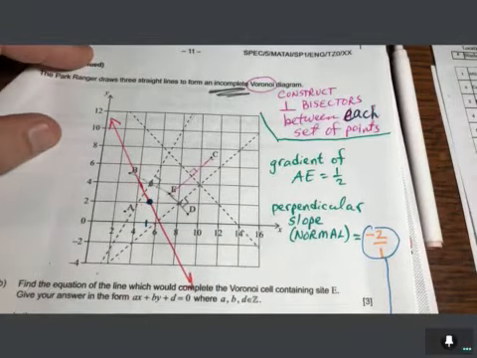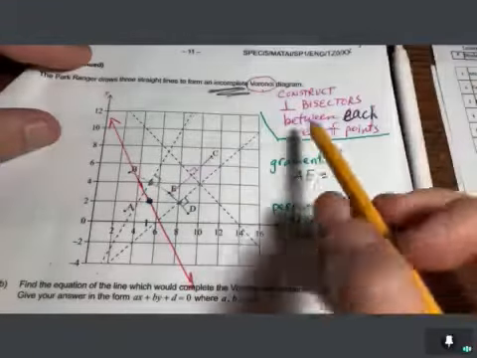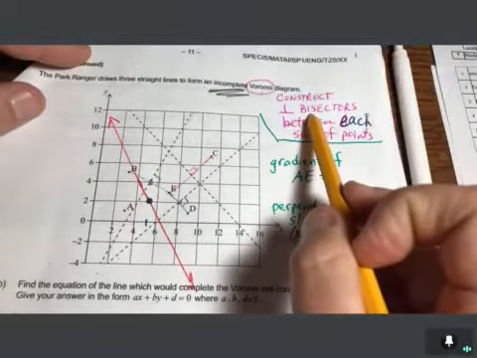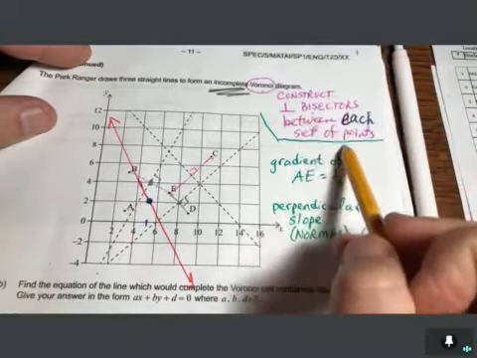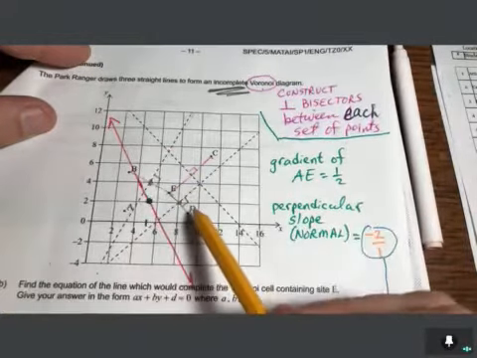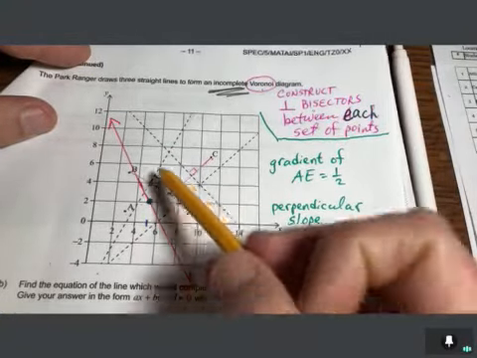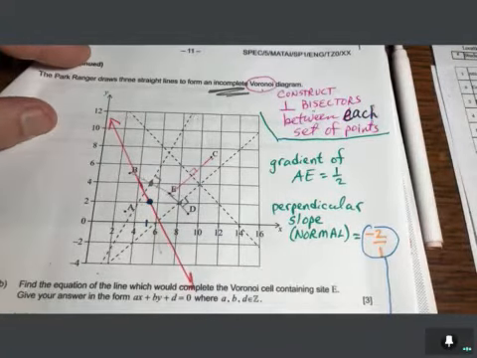So this will be on the test in May for sure. Whenever you see a Voronoi diagram, you just think perpendicular bisector, perpendicular bisector, perpendicular bisector between each set of points. They went ahead and found the other 3 perpendicular bisectors for you. You have to recognize that it's missing one, and that's between A and E.